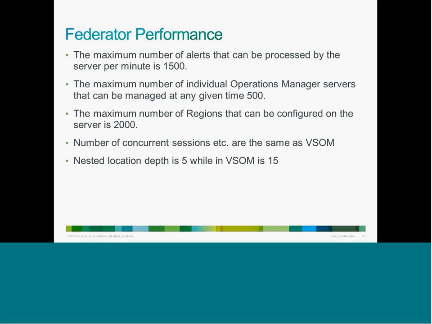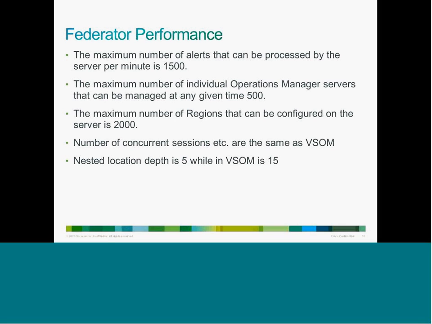But again, just so you know what's going on, the maximum number of alerts that can be processed by the server is 1,500 per minute. That's the same as VSOM actually. And the number of individual operations manager servers that can be managed at any given time will be 500 as well. Okay. Number of regions is 2,000.